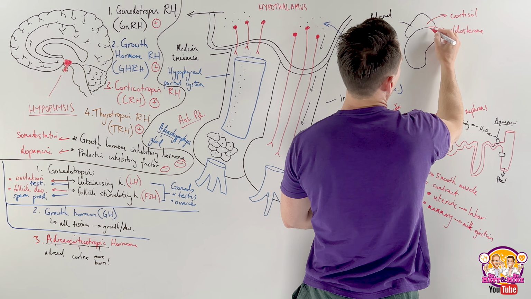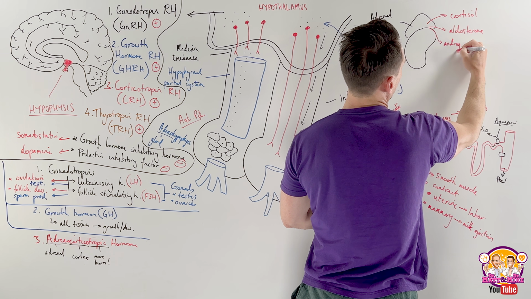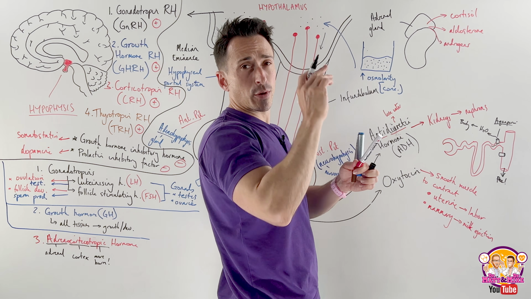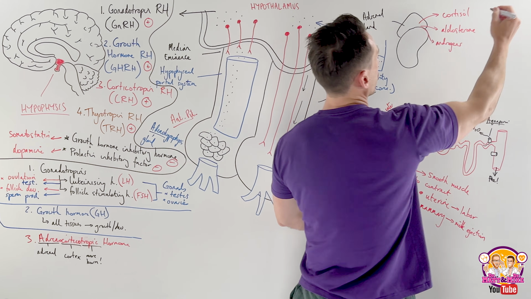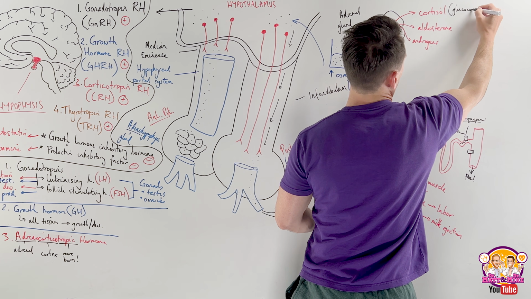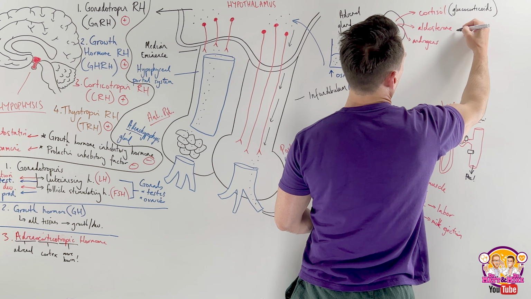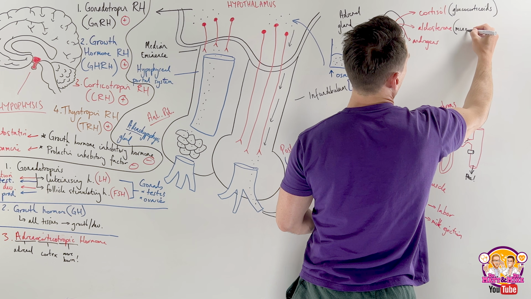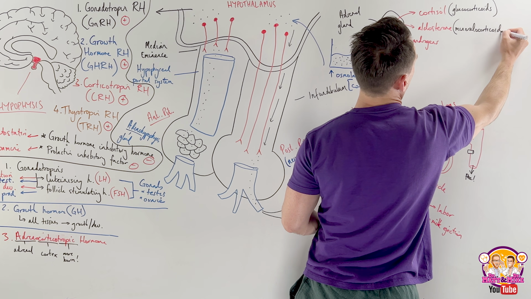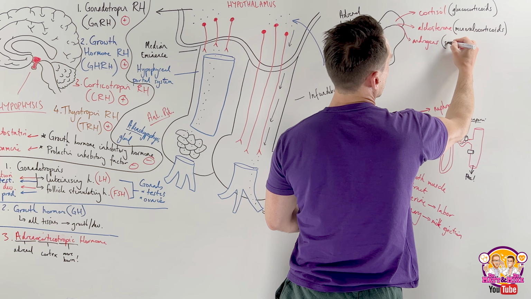And another one of those hormones are called the androgens. And these are sets of hormones. Now, cortisol fits under an umbrella of hormones called the glucocorticoids, and aldosterone sits under the umbrella of mineralocorticoids, and the androgens are the sex hormones.